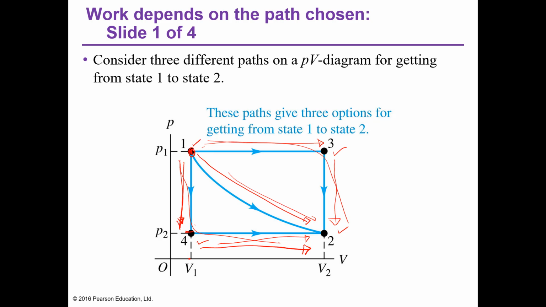Kung diri ko sa taas, first is i-change nimo una ang volume, i-increase nimo ang volume at constant pressure P1, and then next is i-decrease nimo ang pressure at constant volume P2. Or kung diri ka sa shortcut na path, i-change nimo ang pressure at the same time you change the volume. So magdepende sa path. Take note ang work done.